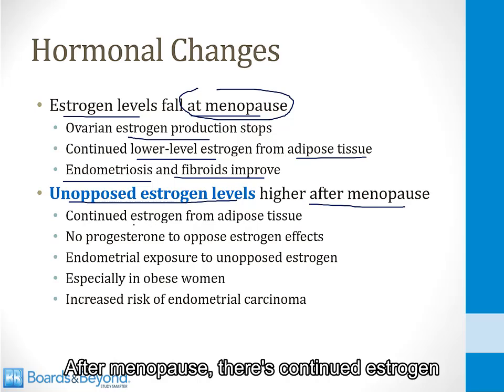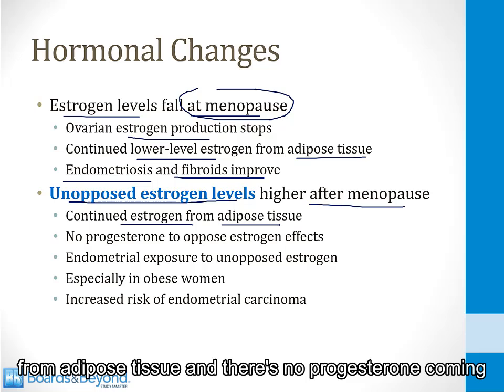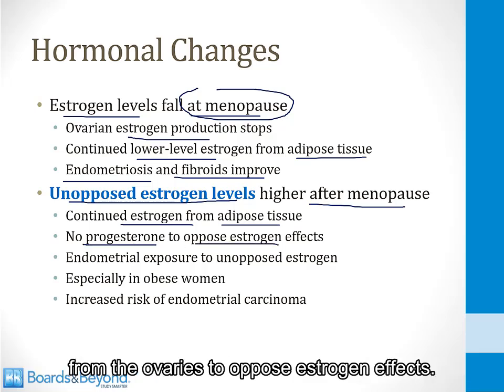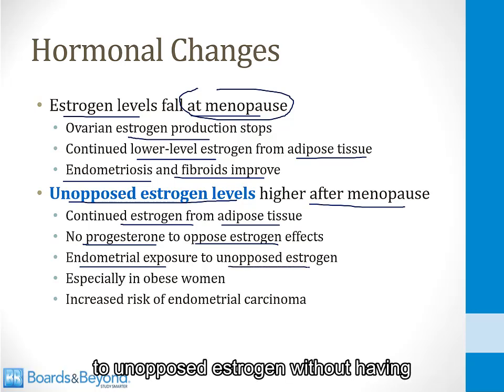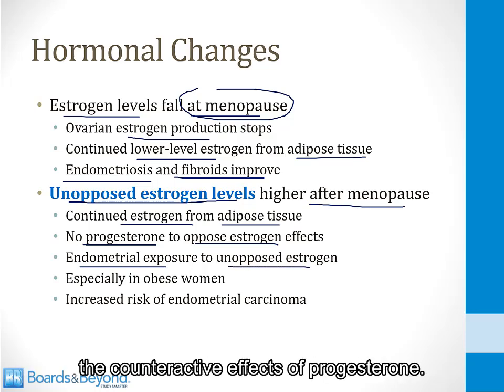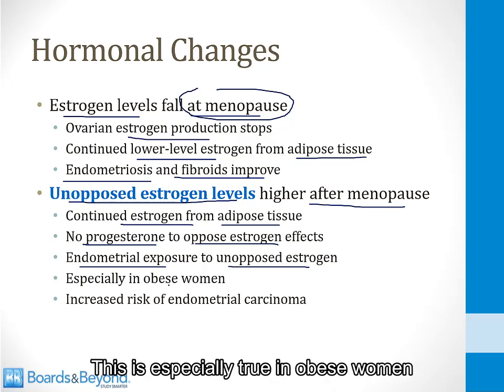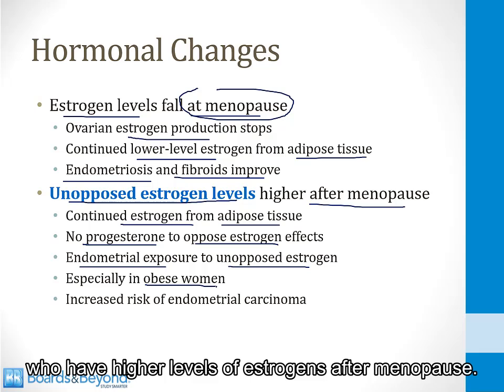After menopause, there's continued estrogen from adipose tissue, and there's no progesterone coming from the ovaries to oppose estrogen effects. This means that the endometrium is continually exposed to unopposed estrogen without having the counteractive effects of progesterone. This is especially true in obese women who have higher levels of estrogens after menopause.